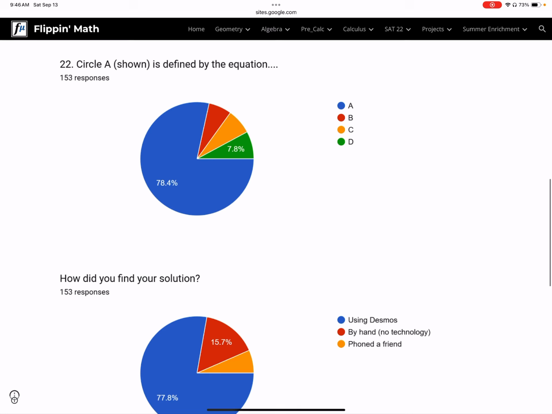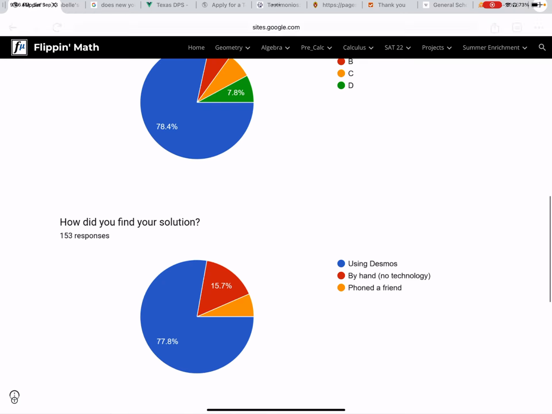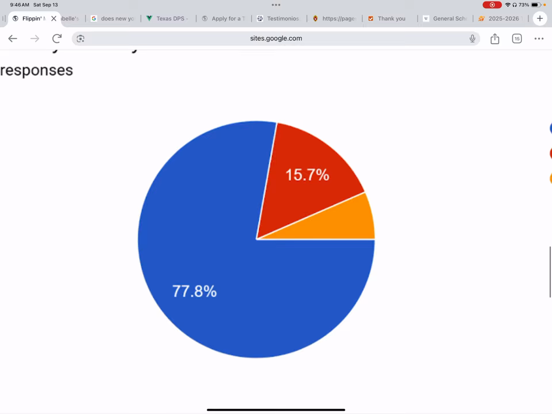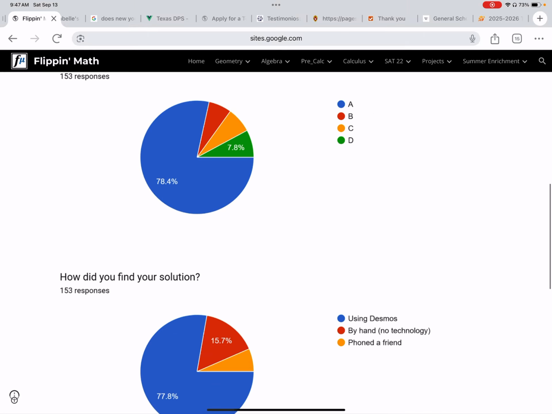Now, with our follow-up question, how did you find your solution? You can see that the vast majority of people chose using Desmos. It's almost the same percentage, which is interesting, 77.8% versus 78.4%.